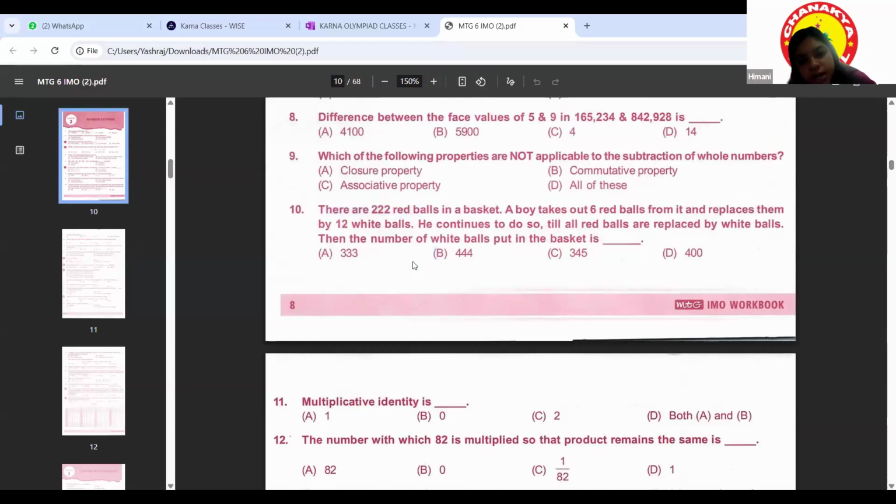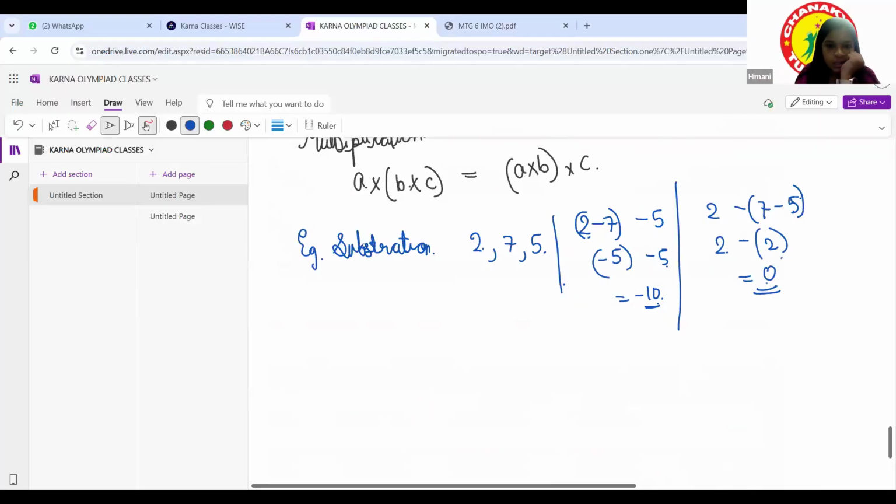There are 222 red balls in a basket. A boy takes out 6 red balls from it and replaces them by 12 white balls. He continues to do so till all the red balls are replaced by white balls. Okay, let's take the question. It is the 10th one, right? Yes, ma'am. What they are saying is that initially there were 222 balls.